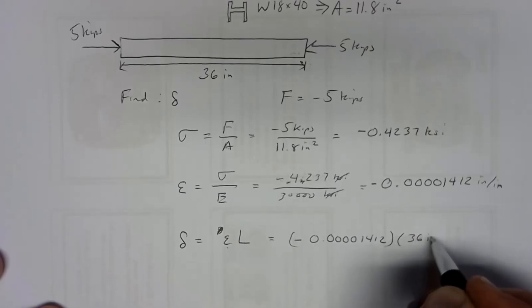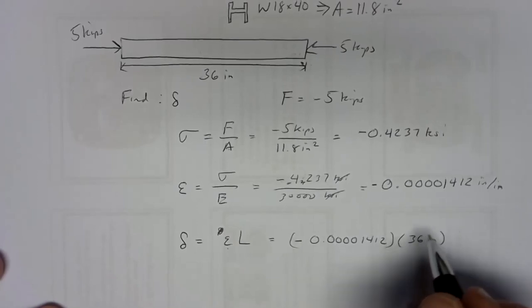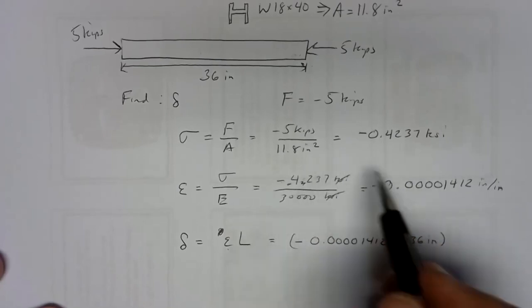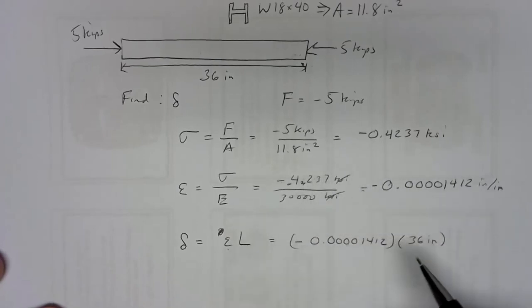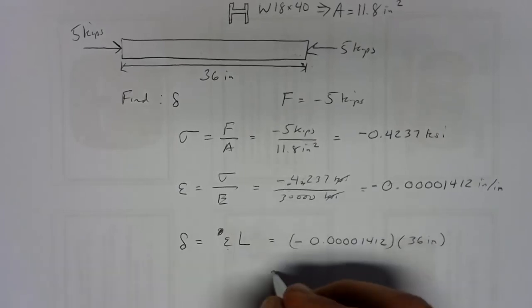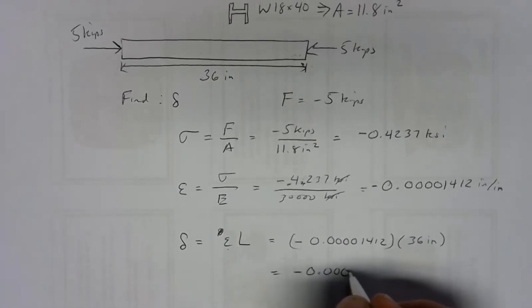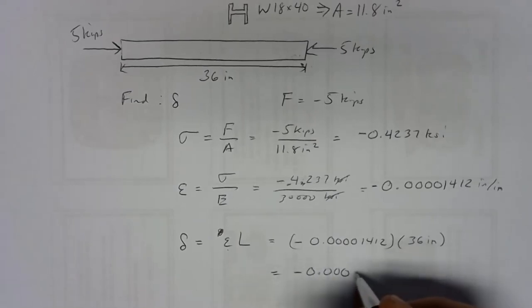Now be careful here, if you're using feet, you might have to do some conversions. It depends on where you're using the feet. We'll get into some more complex problems with that next time. But if we multiply that by our 36 inches, then we get negative 0.00051 inches.